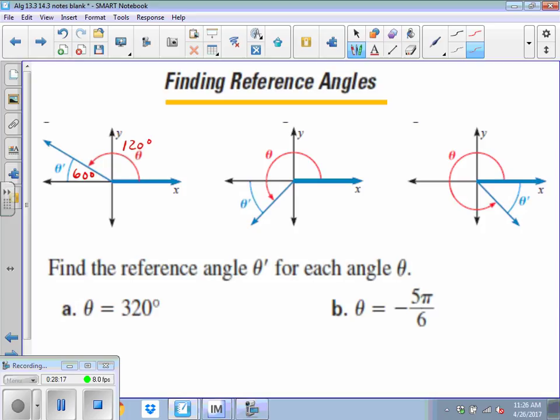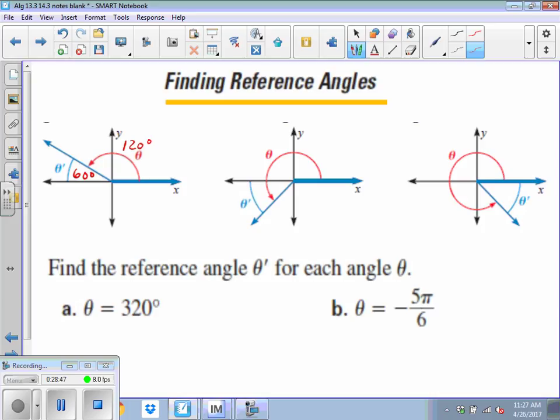Now, 60 degrees, we could do a little special right triangle and figure that out, right? Because that's one of those special angles. So these problems, if they want you to find the exact value of something that's bigger than 30 degrees, 45 degrees, or 60 degrees, then you have to be able to find a reference angle and use a special right triangle to solve it.